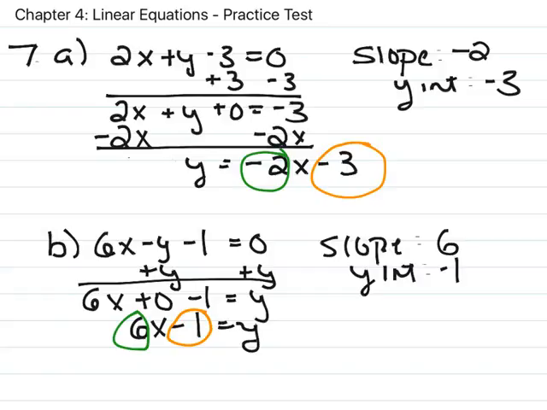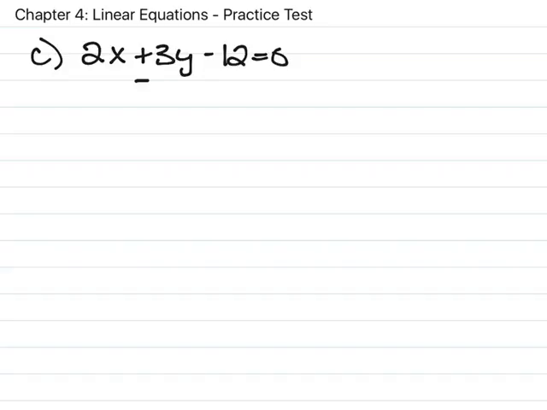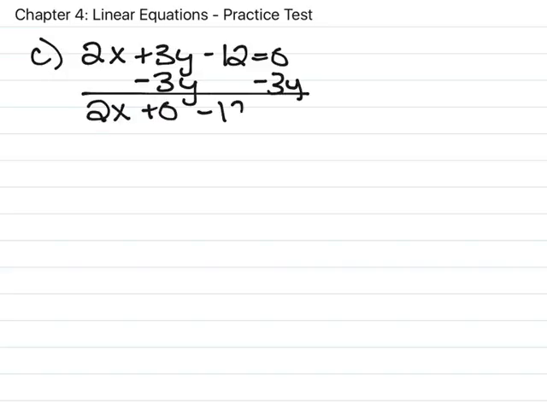And we go on to c. So 7c, we have 2x plus 3y minus 12 is equal to 0. So I'm going to move 3y to the right hand side, leaving us with 2x plus 0 minus 12 is equal to negative 3y.